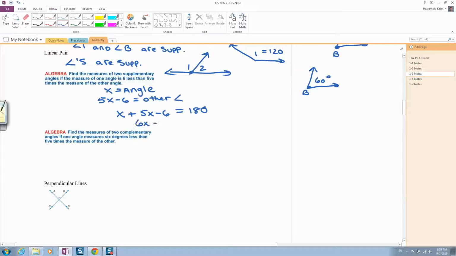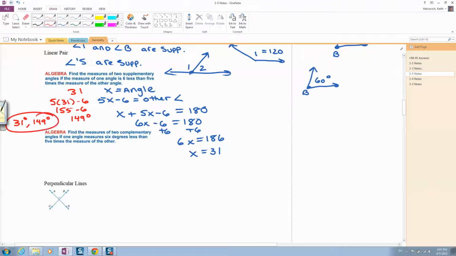So 6x minus 6 is 180. You add 6, so 6x equals 186. So x is equal to 31, and that would be one angle. And then 5 times 31 minus 6 is the other angle. So 155 minus 6, which is 149. So you have 31 degrees and 149 degrees are the two angles.